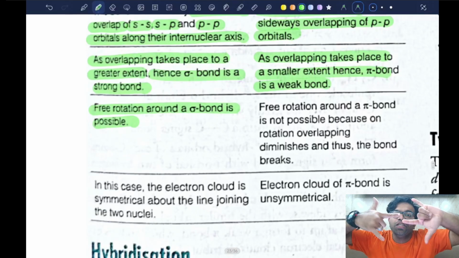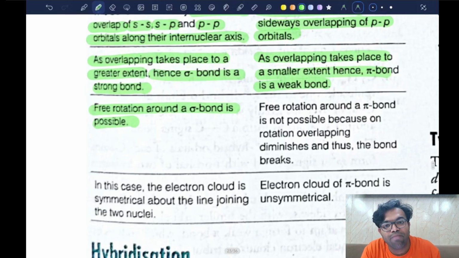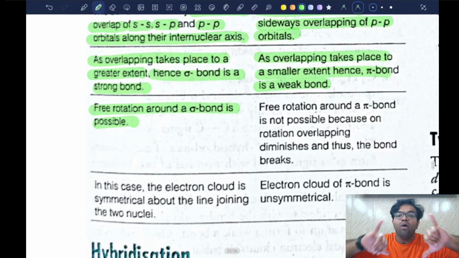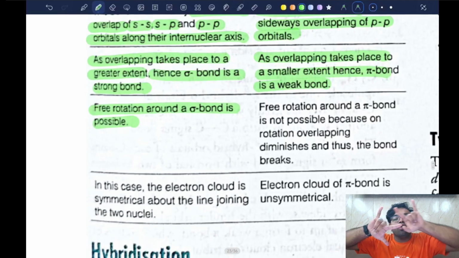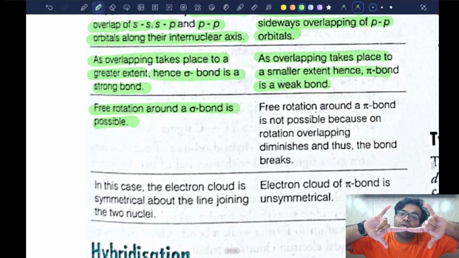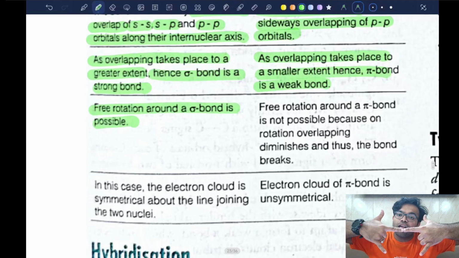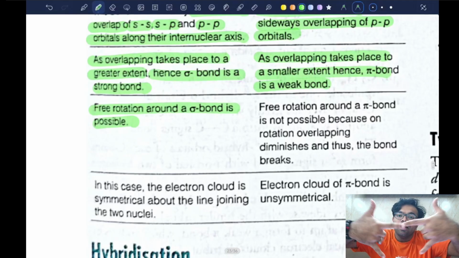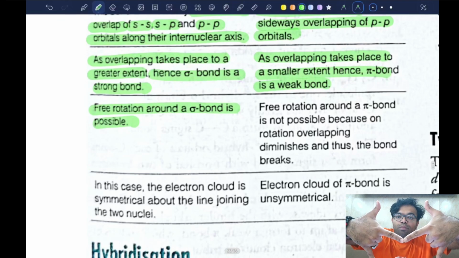So the rotation is possible in the case of a sigma bond, whereas free rotation around the pi bond is not possible, because now when you have a pi bond, you are not only having one point, you are having a sideways overlap here and a sideways overlap here. Now if you try to rotate one molecule, the other molecule will also have to rotate correspondingly, because there is a bond here, a bond on top, and a bond on bottom.